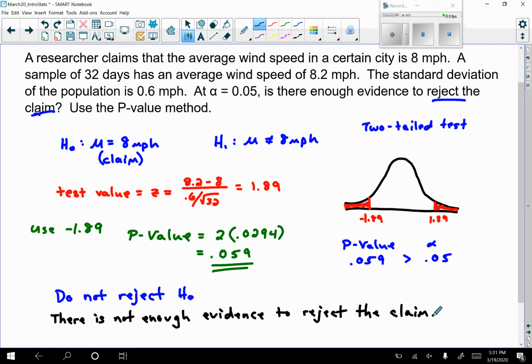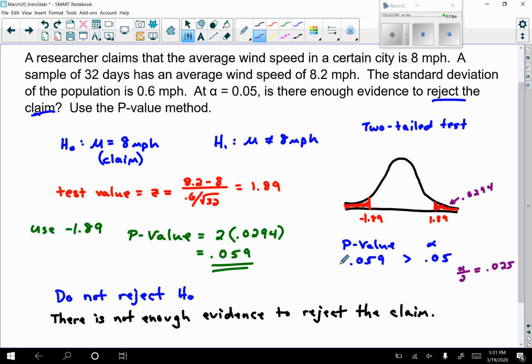So again, what's happening here is the alpha over 2 is going to equal 0.025. So in this one, just this little part right here, this would be the 0.0294. So technically, yes, you can compare the 0.0294 to alpha over 2, but it's going based off of what the steps say. In particular, this is what we're looking at.